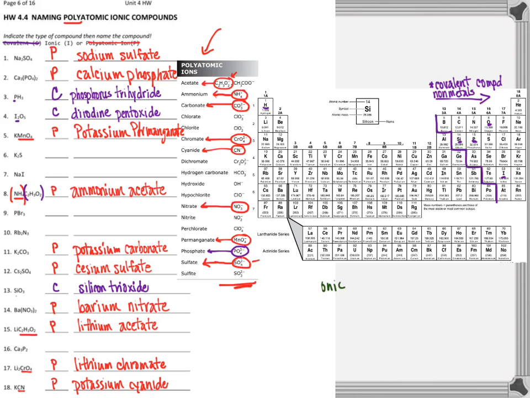Oops, let me erase this. Okay, so we have a metal and a non-metal. Again, your metal is going to be a regular metal. It's not going to be a transition metal.